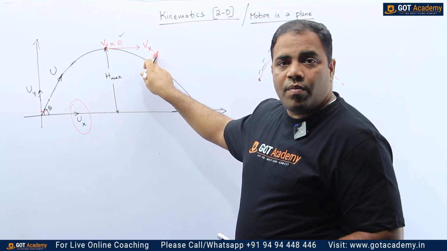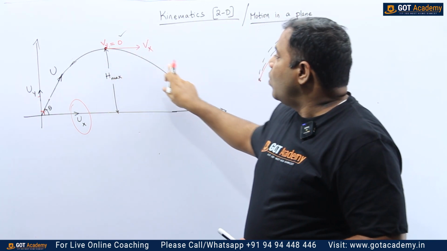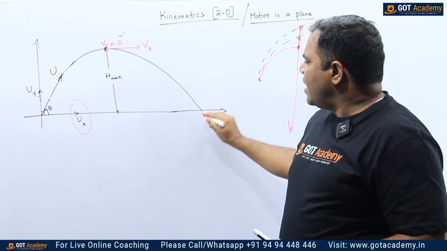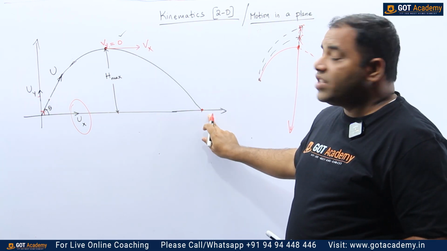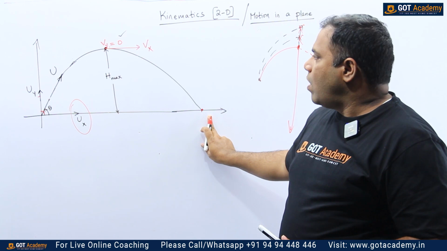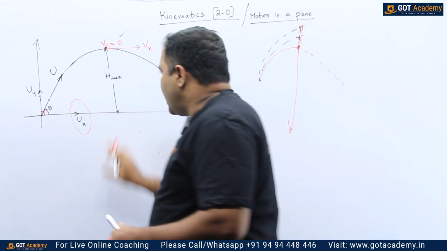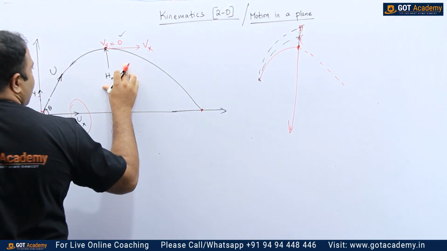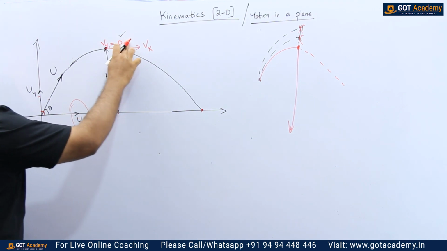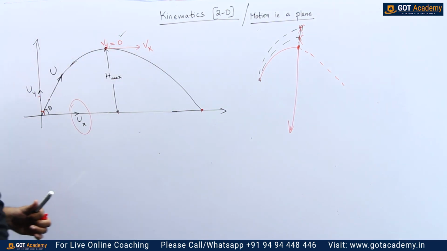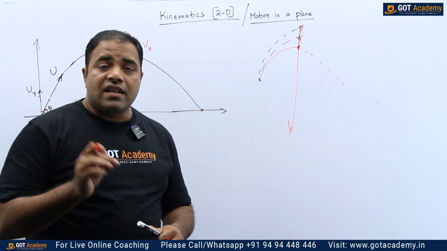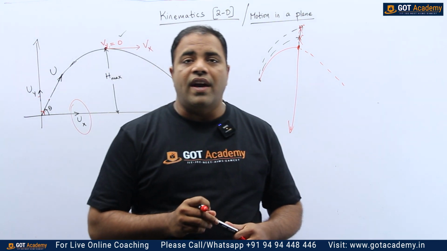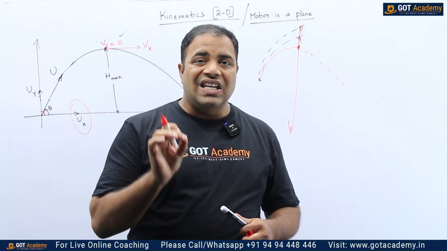Because of this x component, it is able to move in the forward direction and at some point it reaches the ground. So what you have to understand is that at maximum height, the y component is 0 and the x component of velocity is present.